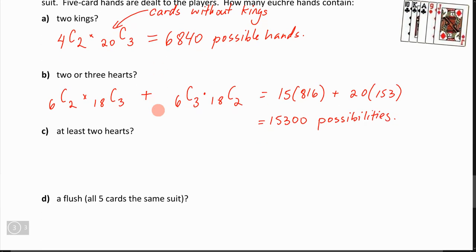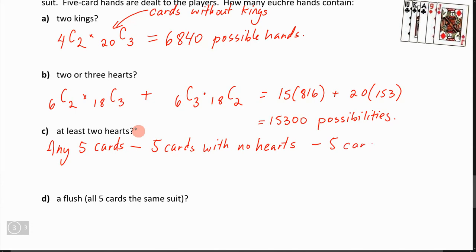What about at least 2 hearts? Okay, at least 2 hearts. Let's figure it out this way. We can have any 5 cards, minus 5 cards with no hearts, minus 5 cards with 1 heart.